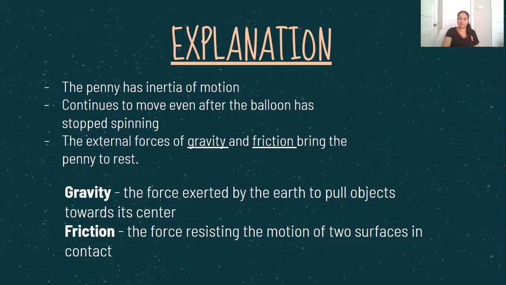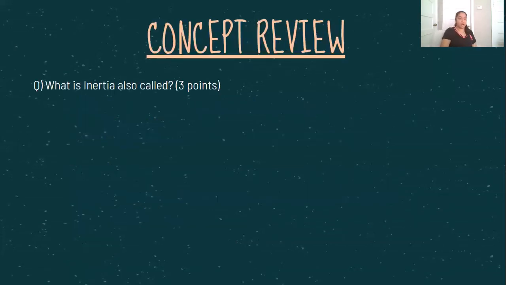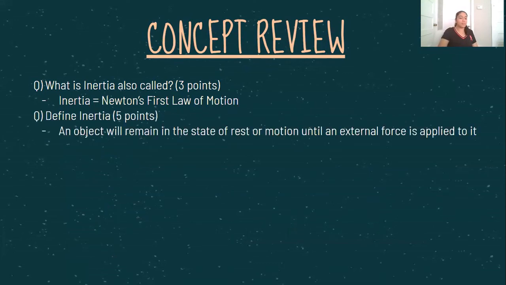So just for a quick concept review, inertia is the common name for Newton's first law of motion. Newton has a total of 3 laws of motion, and he also discovered gravity. As we discussed, what is inertia? What is Newton's first law of motion?